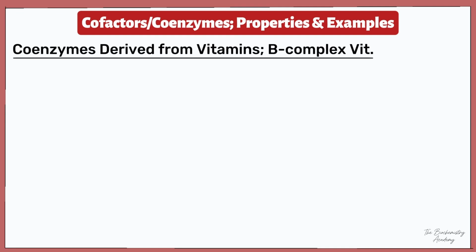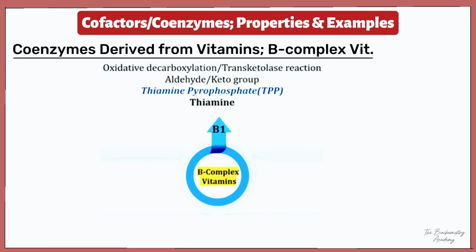So let us just continue. Let us see the various coenzymes that are derived from the various vitamin B complex vitamins. So the vitamin B1, also known as thiamine, the coenzyme is thiamine pyrophosphate, which is required for oxidative decarboxylation and transketolase reaction.